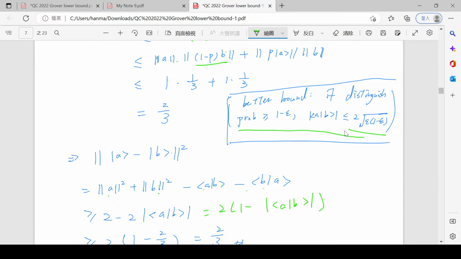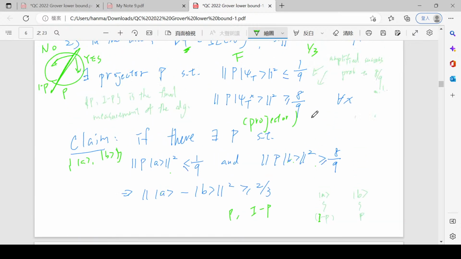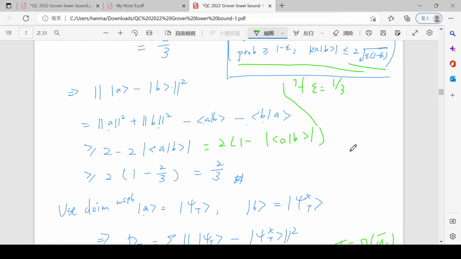So if we plug this back into our Grover algorithm, when epsilon equals 1/3, so now we don't run this extra epsilon. Then let's see if I can do this. A, B is less than 2, and we say square root 3 over square root 2 equals square root of A over 9.